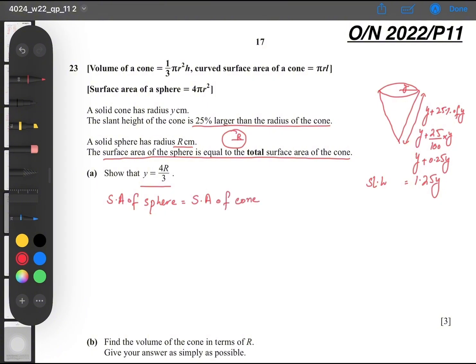The formula for surface area of the sphere is 4 pi r squared, and the formula for surface area of the cone is pi r squared plus pi r l. So for the sphere, radius is capital R, and for the cone, radius is y, and the slant height is 1.25y.